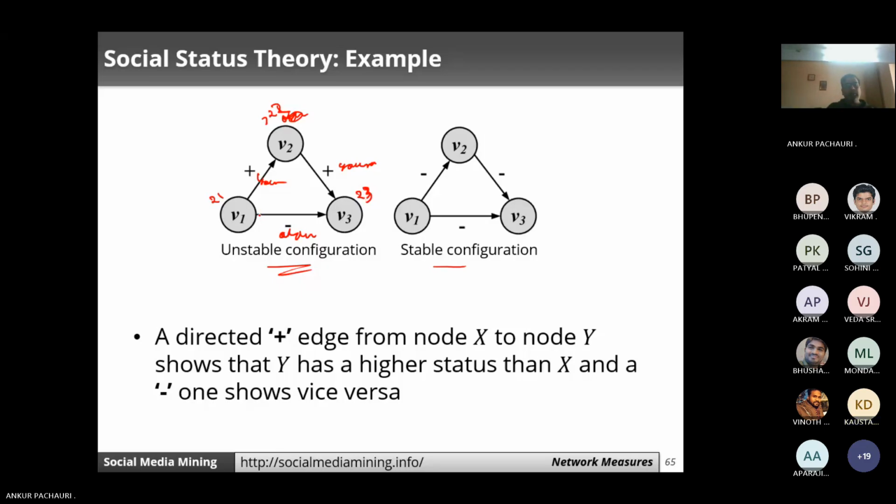Now, in that case, if that relationship would have been plus, then this will be stable. V1 is younger than V3, correct. But if my relationship is negative, meaning older, in that case V1 is younger than V3, whereas this relationship states that V1 is older than V3, which is not correct.